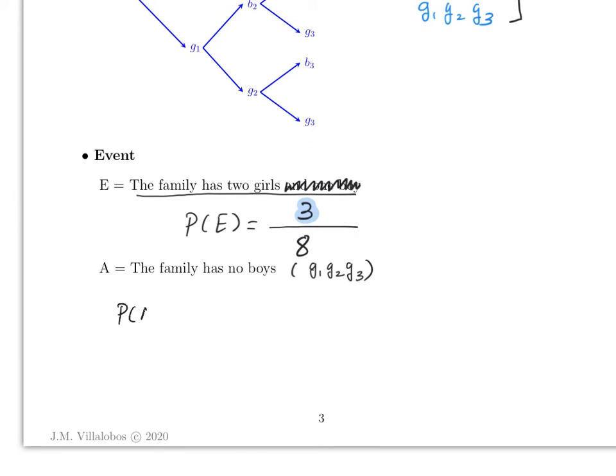So therefore the probability that the family will have no boys is exactly the same thing as having 3 girls. So it will be 1/8. As you can see, if you have the sample space, it is very easy to find probabilities. The hard part, therefore, is to figure out what the sample space is.